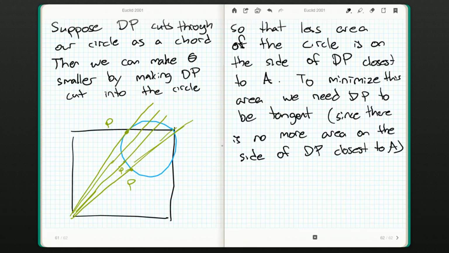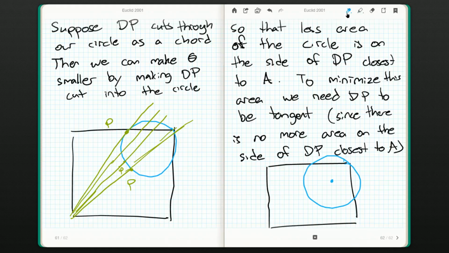So let's draw our picture again. So we have our circle, we have it at the center. So we need DP to be tangent. Oh, that tangent very nearly worked out.